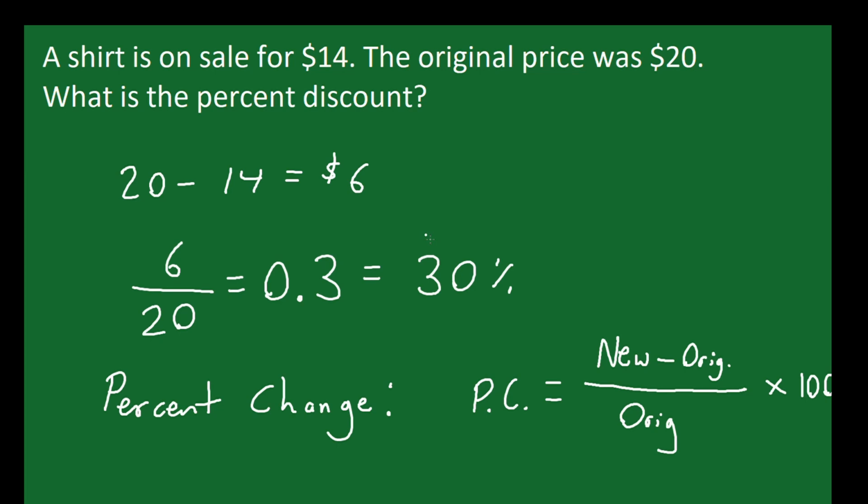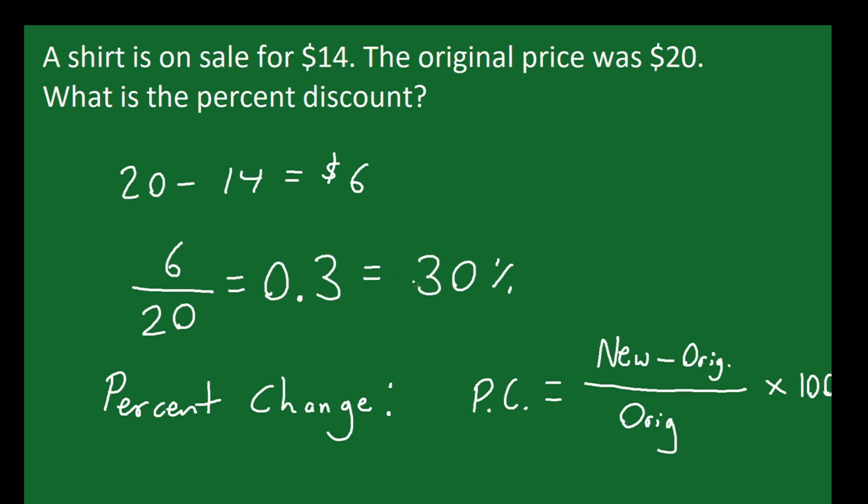Now, you might be saying, wait a minute, we didn't do new minus original in this question. We did original minus the new value. And that's just because the price decreased, right? If you follow this formula for this particular example, you would do 14 minus 20. You would get negative 6 divided by 20. Multiply by 100, eventually what you would get is negative 30%.